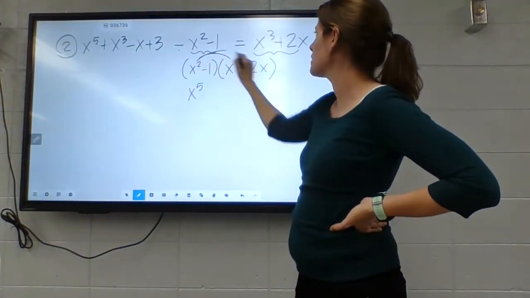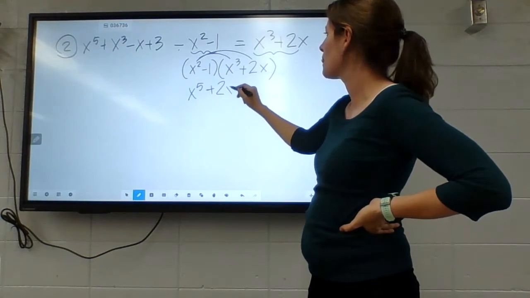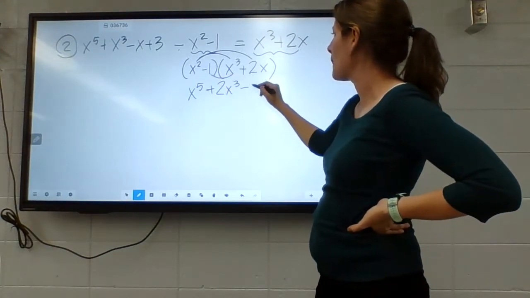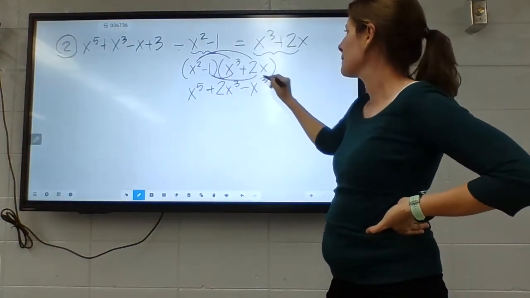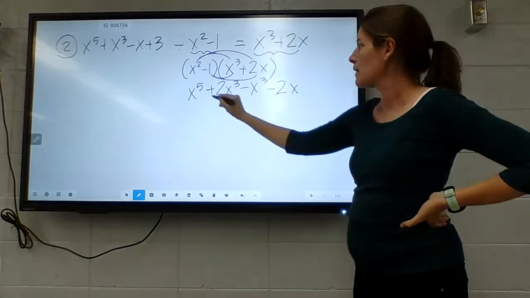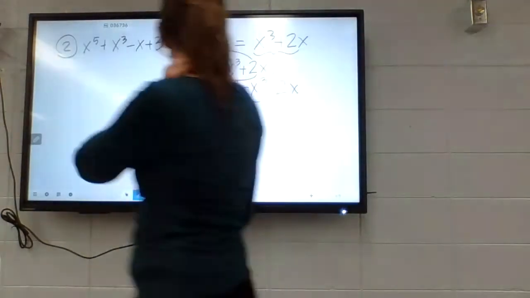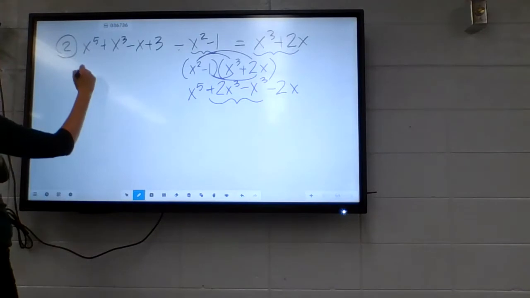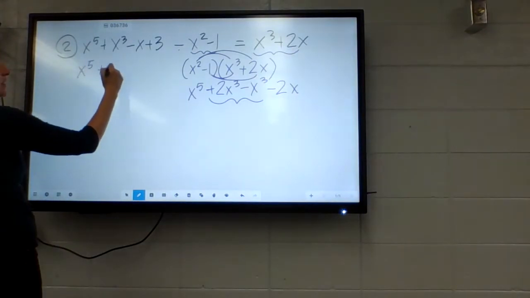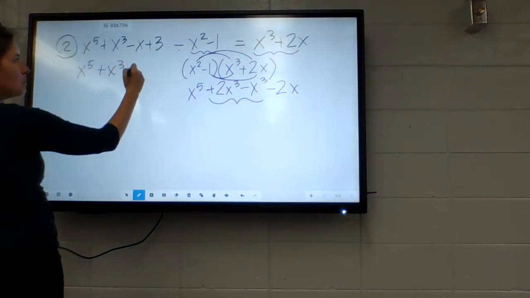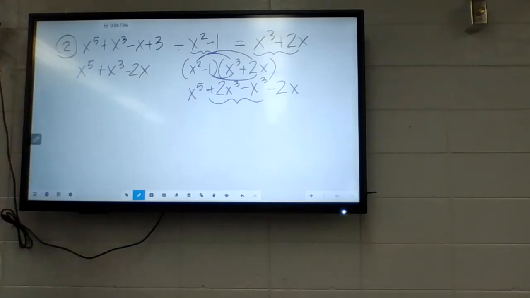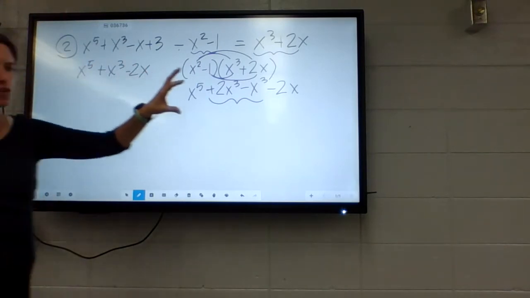So I'm distributing, and we can combine these like terms. So I have x to the 5th plus x to the 3rd minus 2x. So that's what I get when I distribute that purple.